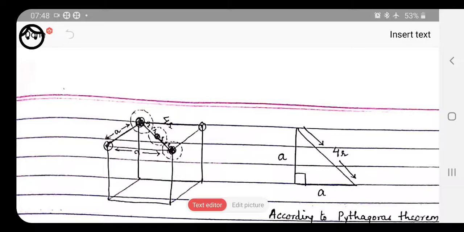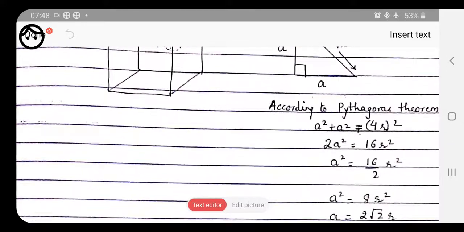And we know that if we are talking about the edge, the edge length is equal to a. Look at another structure. Here we have a right angle, so the diagonal is equal to 4r. According to the Pythagoras theorem, a square plus b square is equal to c square.